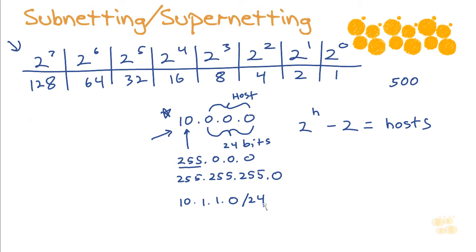How many hosts are we accommodating? Well, 2 to the h minus 2. In this case, it's going to be 8 host bits, so it's 2 raised to the 8 minus 2.